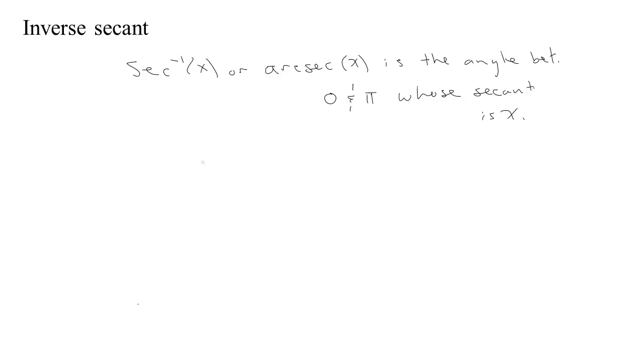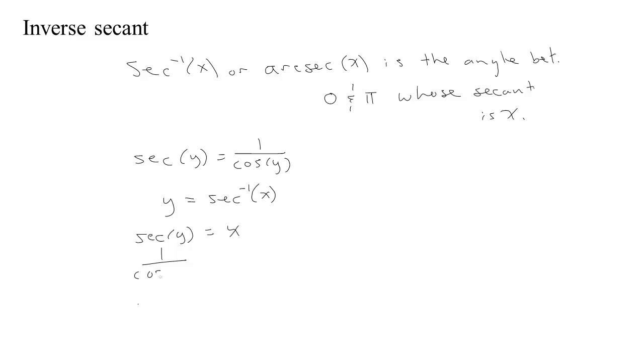Now, again, there's not a secant inverse key on your calculator, but you can use the fact that the secant of an angle is the same thing as 1 over the cosine of the angle. So if you're looking for a particular angle, y equals the arcsecant of x, then you know that the secant of y is x.